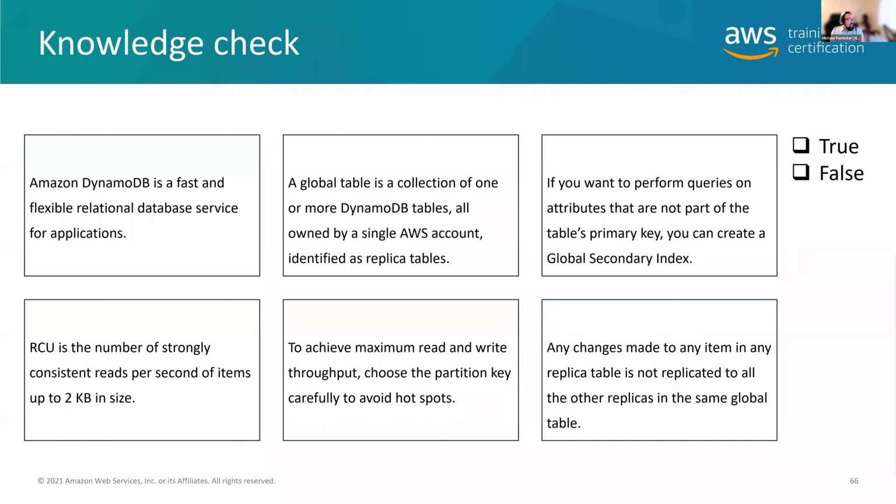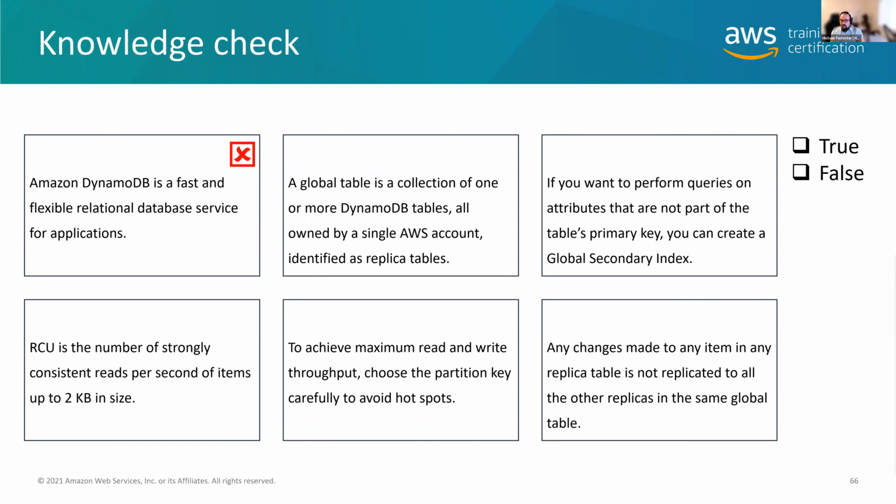All right, so Amazon DynamoDB is a fast and flexible relational database service for applications. Is that true or false? That's false. Dead on. Okay. A global table is a collection of one or more DynamoDB tables, all owned by a single AWS account, identified as replica tables.